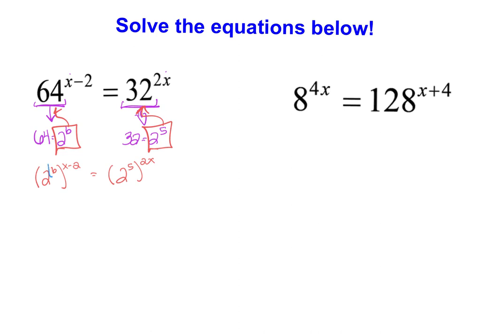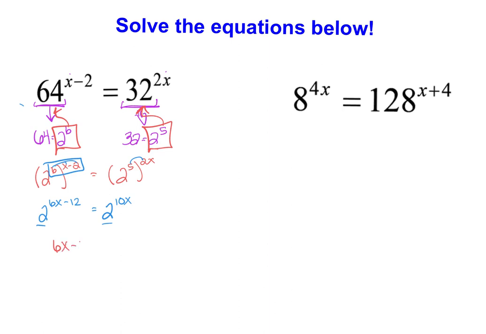Here I multiply 6 times x minus 2, which means I multiply the 6 by both terms. So I end up with 2 to the power of 6x minus 12, since 6 times a negative 2 is negative 12. Over here, I take 5 times 2x, which becomes 2 to the power of 10x. Now that I have a common singular base, I can set those exponents equal and solve.